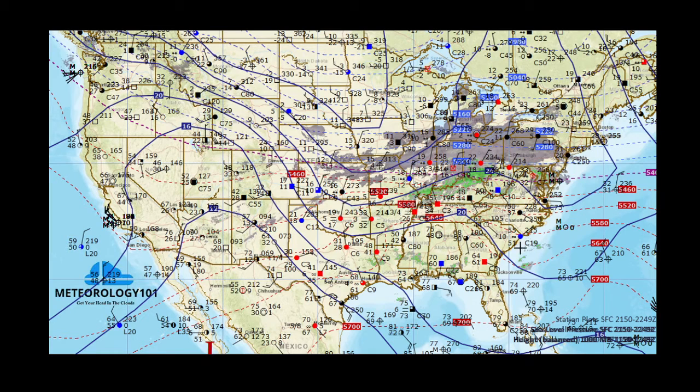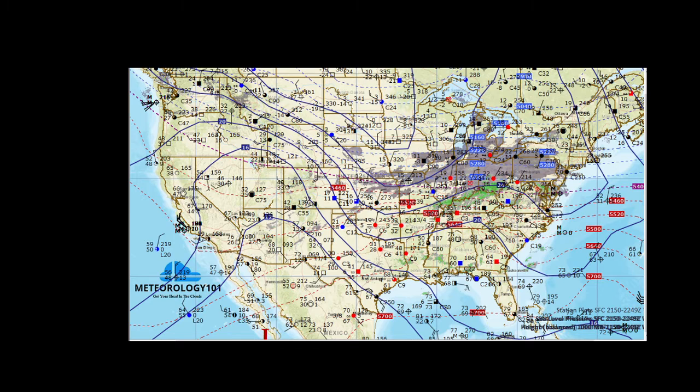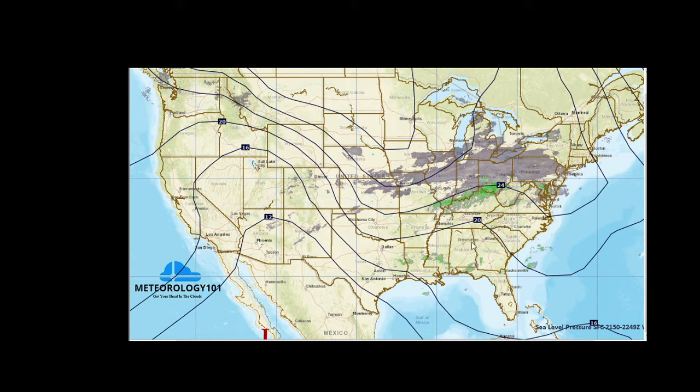So I'm going to go ahead and erase this, and then we'll pull up our surface chart. The only real difference there is we're still going to have the same isobars, but we're going to show the isotherms where we show that warm air advection from the south.